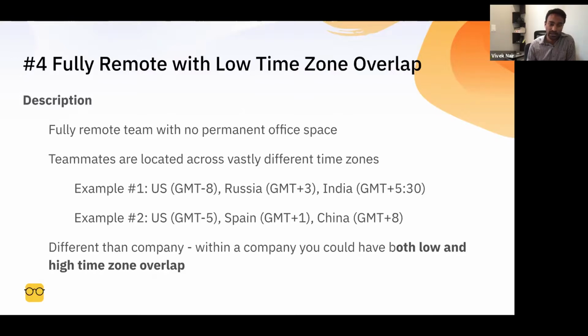And it's important here to know that when I talk about teams with low time zone overlap, I'm not making a one-to-one comparison from that team to a company. A lot of times you'll have companies that have both.